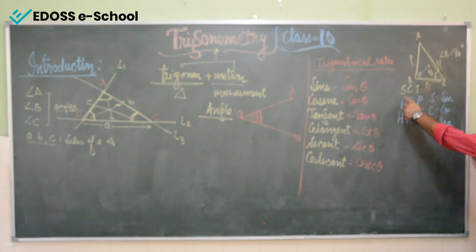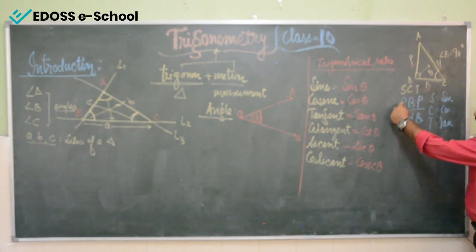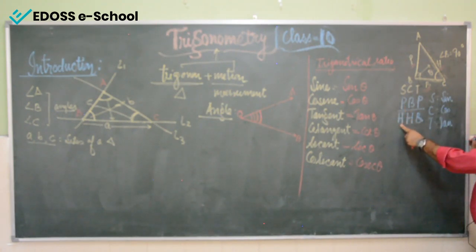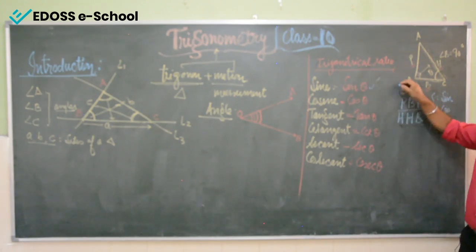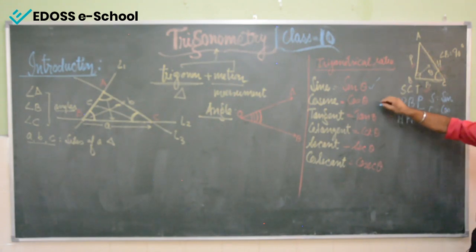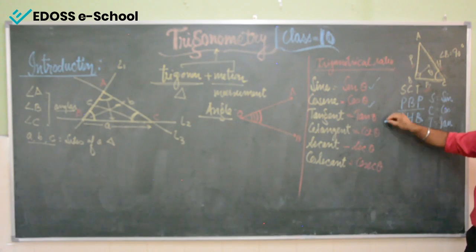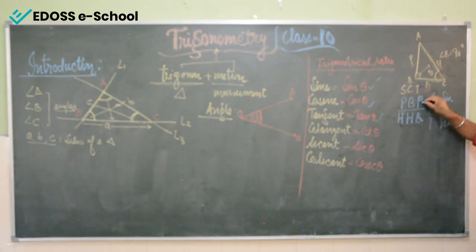That means sine theta is equal to perpendicular upon hypotenuse. Cos theta is equal to base upon hypotenuse, and tan theta is equal to perpendicular upon base. Now this sin theta was written as P upon H, cos theta is written as base upon hypotenuse, and this tan theta is written as perpendicular upon base.